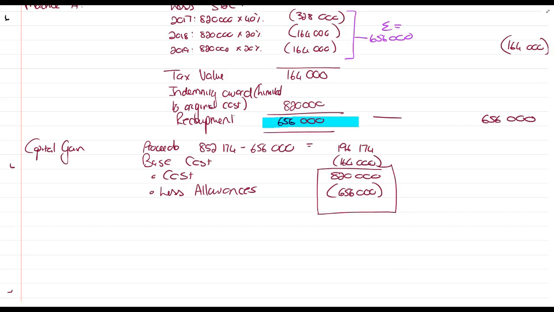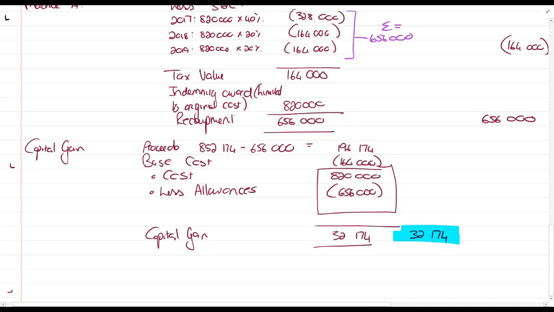Usually it is the case, but you can't just take that shortcut, please remember. So that gives us a capital gain, 32,174. That amount, important, goes into my CGT column, not deferred.